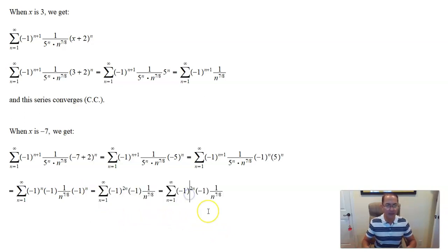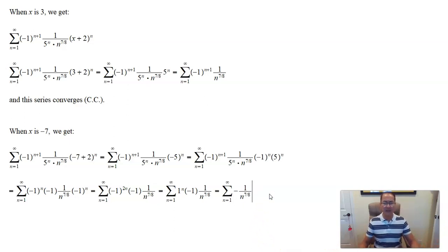Let's spell it out just in case anyone is wondering. That's just 1 to the n, which is equal to 1. So it's 1, and we just simply get negative 1 times 1 over n to the 7/8. So it's just minus 1 over n to the 7/8. Okay, we sort of saw that earlier. Oh, except this time it's not alternating.